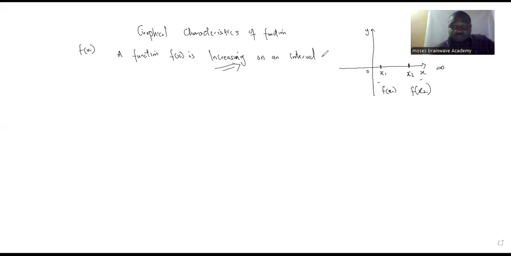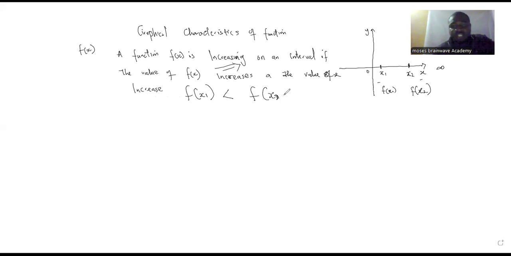Now, if the value of that function, f of x, increases as the value of x increases, which means when I initially evaluate this function, it should be less than when I evaluate the second point, which is x2, right?